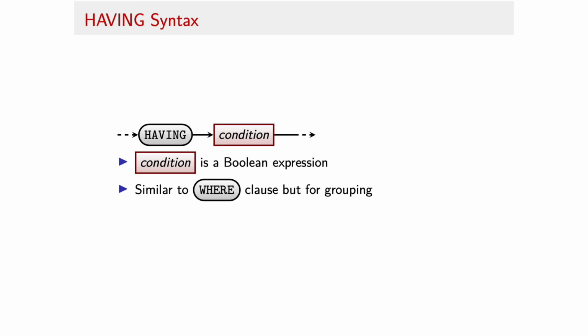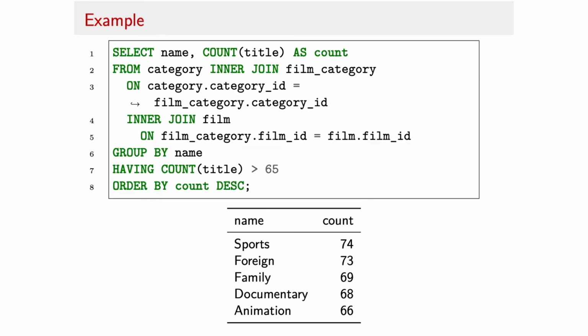And it takes, just like the where clause does, a Boolean expression as its argument. So you use where with select, you use having with group by.